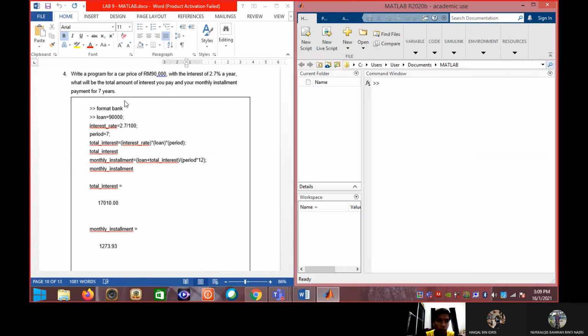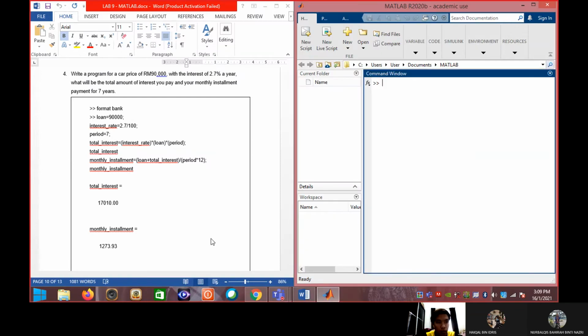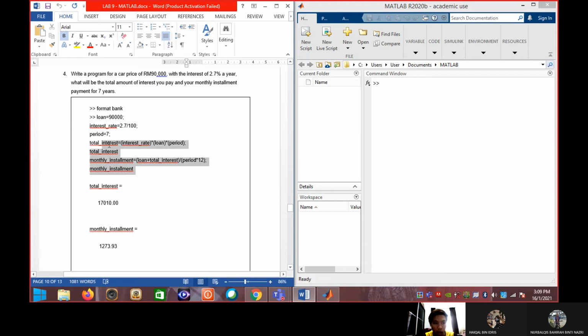For number 4, it requires us to write a program for a car price of 90,000 with an interest of 2.7% a year. We must calculate the total amount of interest and the monthly installment of the car for 7 years. Here I have the formula to calculate the interest and monthly installment.